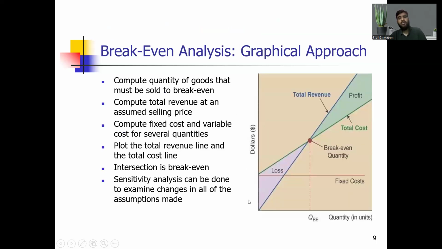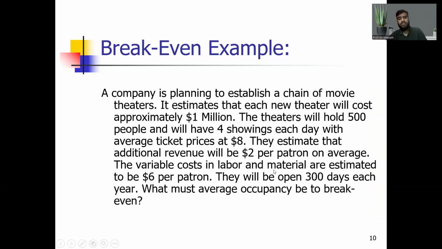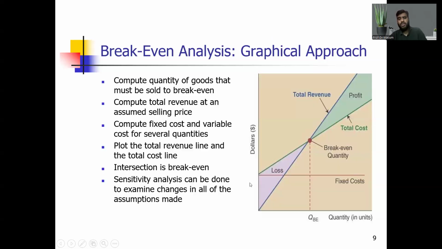So when you are showing your break-even in a graph, it will look like this one. Your fixed cost is always fixed, and your total cost will begin from fixed cost plus variable cost.